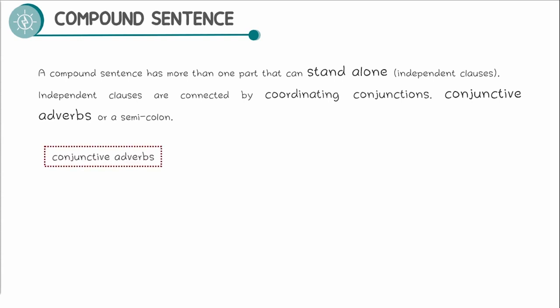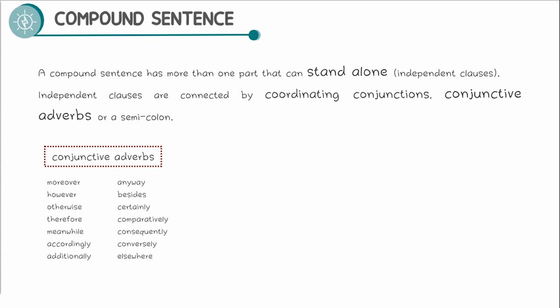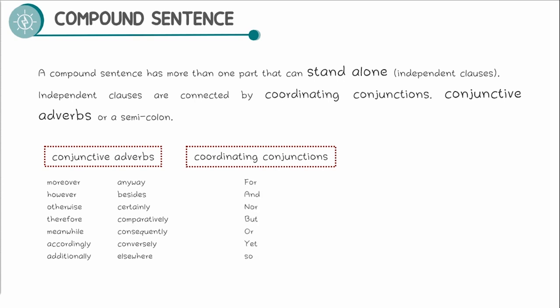Conjunctive adverbs: moreover, however, otherwise, therefore, meanwhile, accordingly, additionally, anyways, besides, certainly, comparatively, consequently, conversely, and elsewhere. We also have coordinating conjunctions: for, and, nor, but, or, so, and yet.